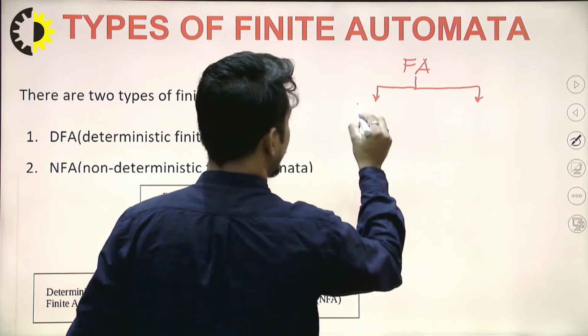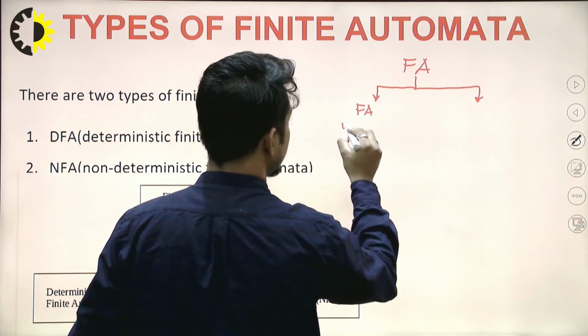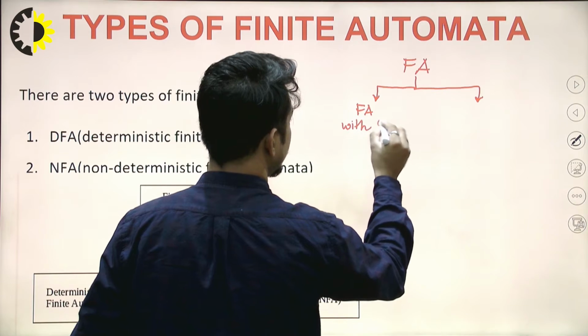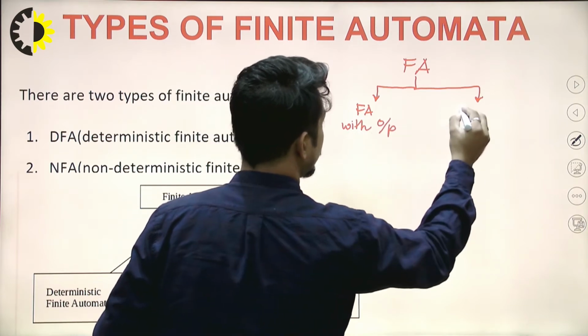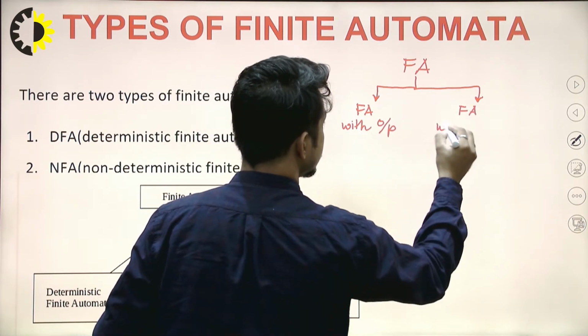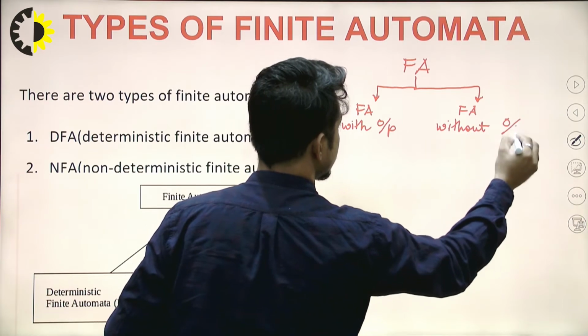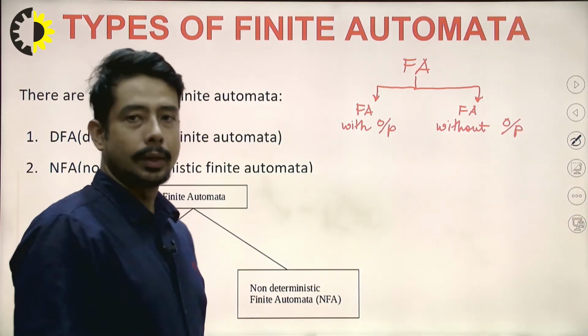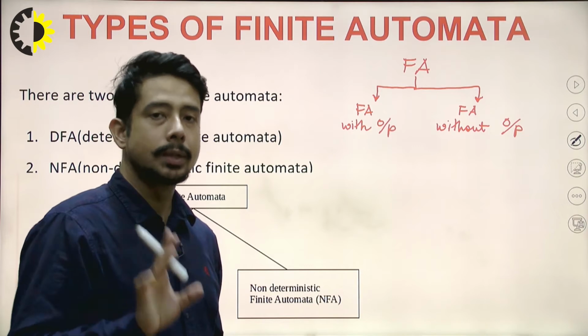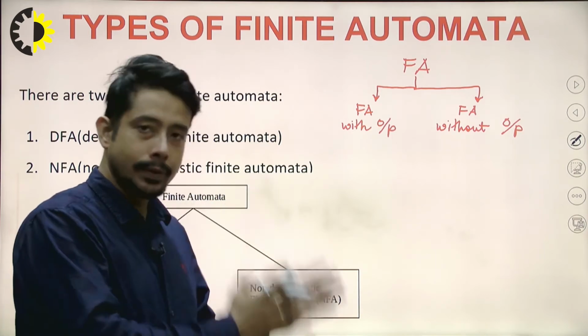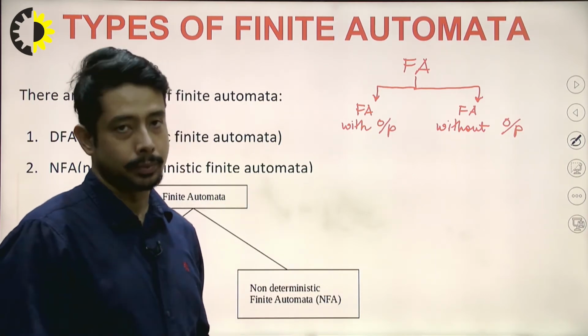Okay, finite automata with output and finite automata without output. Okay, two concepts will be there. That means two machines will be there. One is your with output, another one is without output.